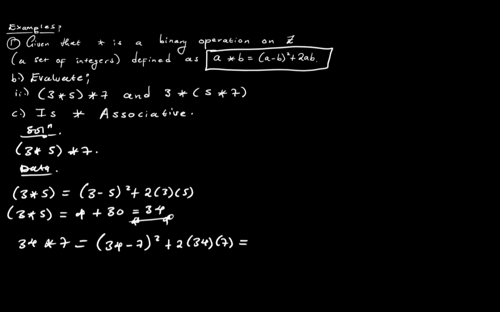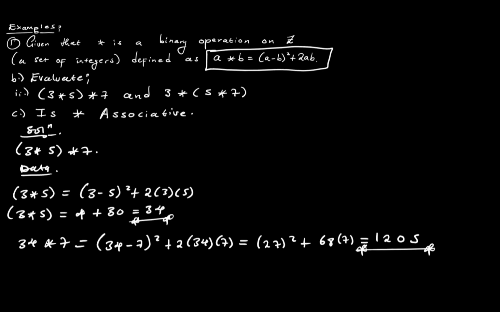And this basically will give us, 34 minus 7 gives us 27 squared, plus 2 times 34, that is 68, sorry, then times 7, this will give us 1205. So that is basically the answer on this operation.